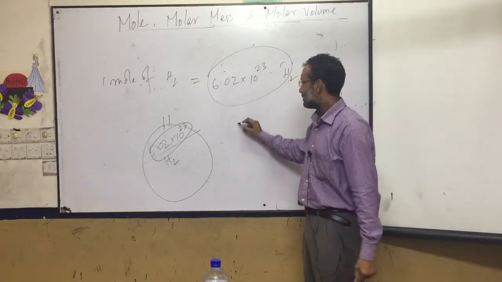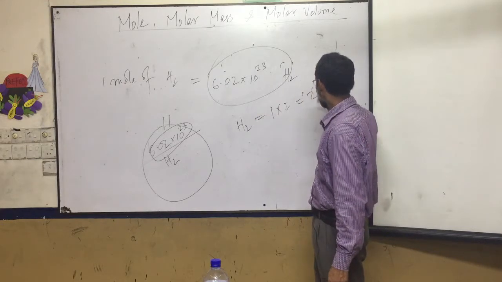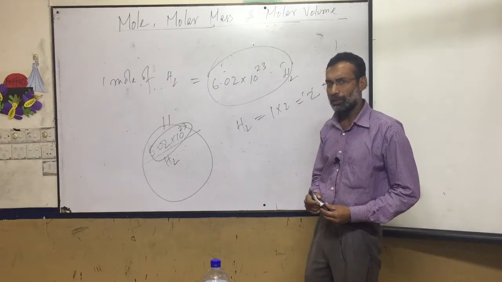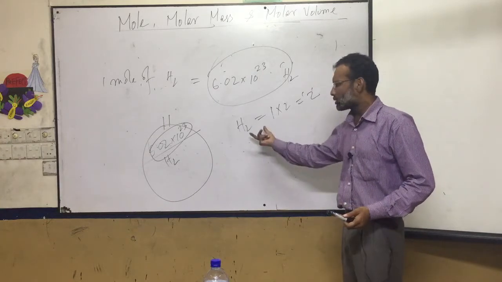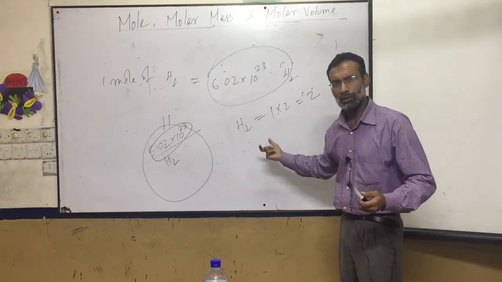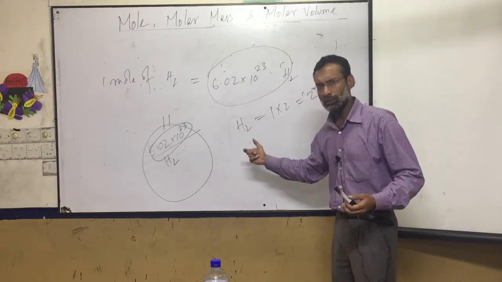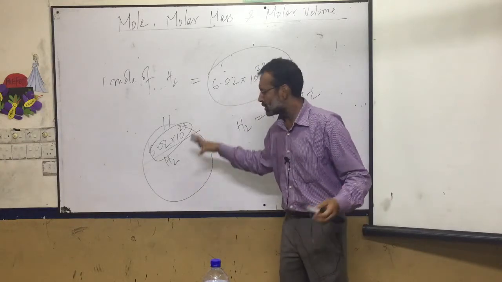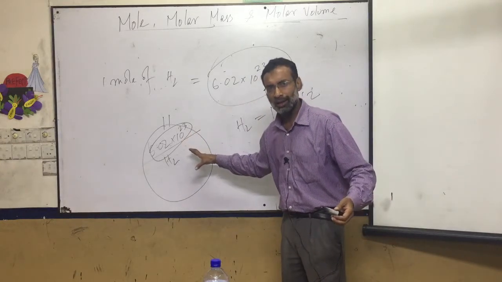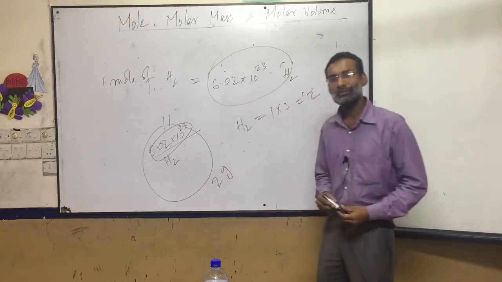Here, hydrogen is 1 into 2, so we get 2. This is the relative mass of hydrogen, and relative mass of hydrogen means 1 hydrogen molecule, just 1 hydrogen molecule, measured compared to the carbon scale. But when, considering the balloon, there is not 1 hydrogen molecule but so many hydrogen molecules together, the mass will be 2 gram.